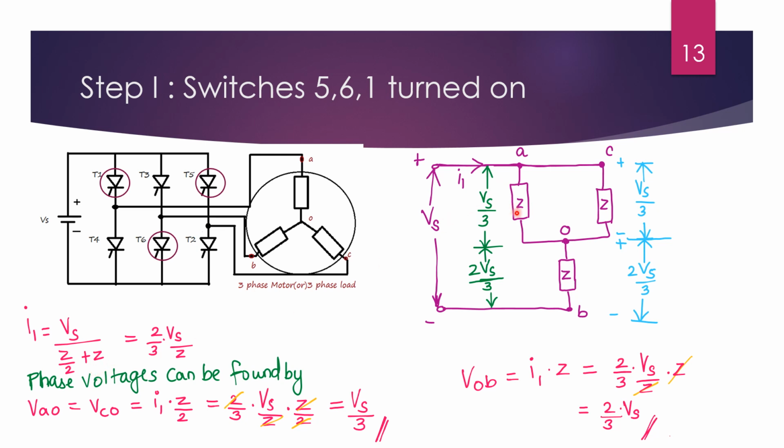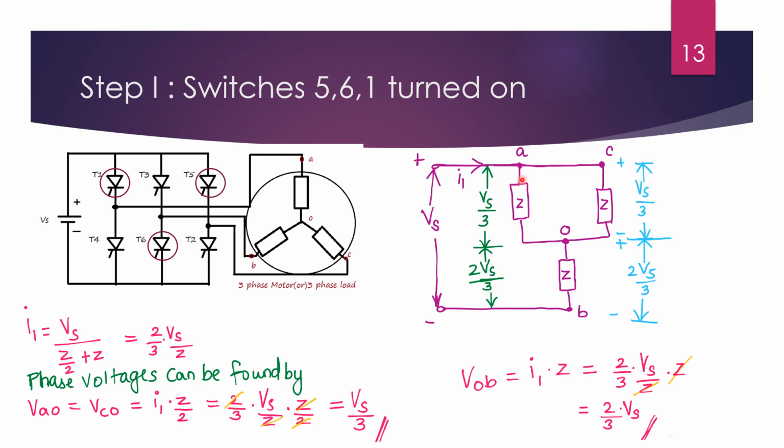Here it is Z, Z, each representing the balanced load. When you take it in a combined way, it is Z by 2 for both A and C, and the lower one is Z. So the current I1 is equivalent to 2 by 3 Vs by Z.